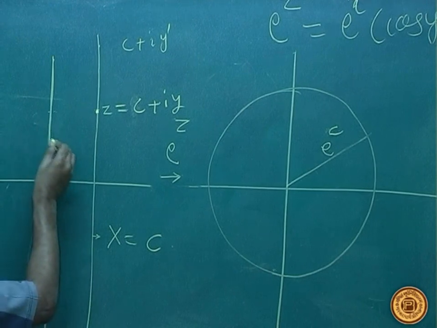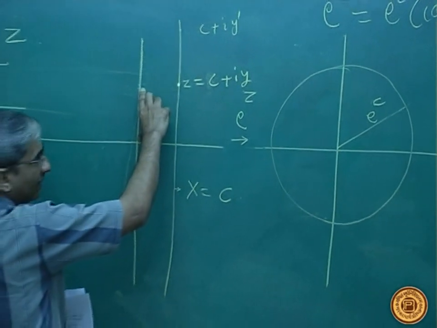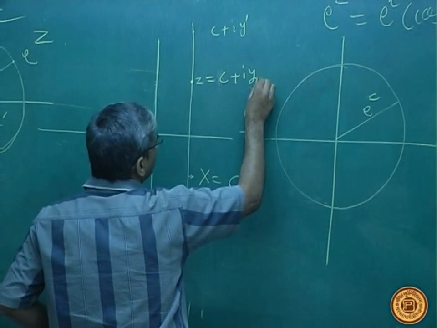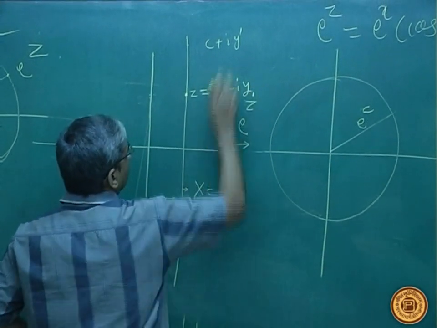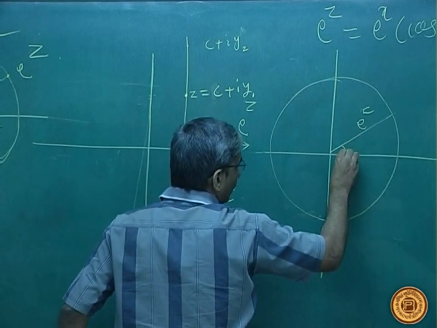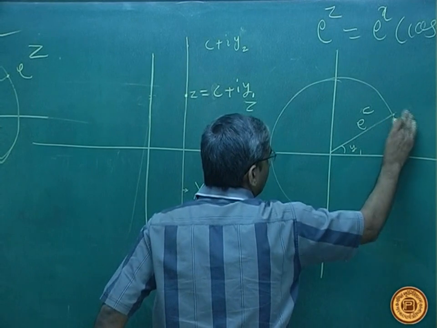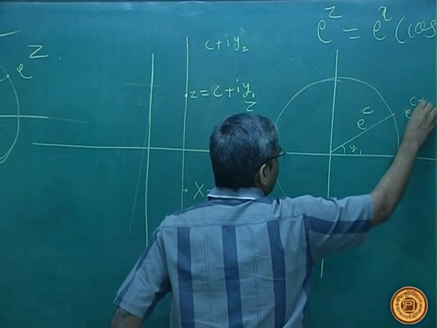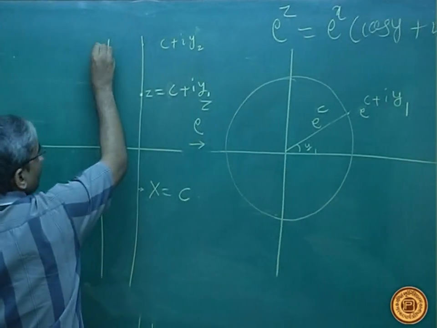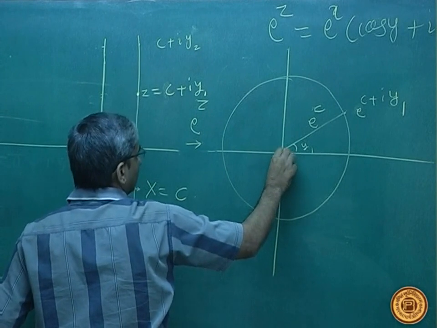Then you have to see what is y. So this is the corresponding y coordinate, this is distance y, and that much angle you have to take. Suppose this is y1, and let me take this as y2. So this is y1, and this will be e to the power c plus i y1. And if this is y2, maybe this point you may get, say like this.